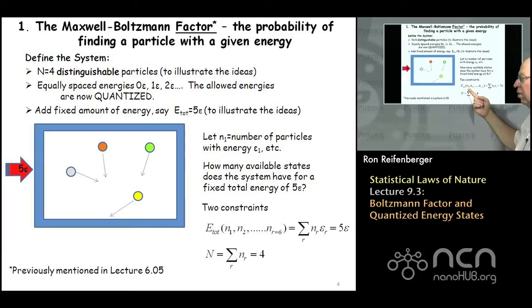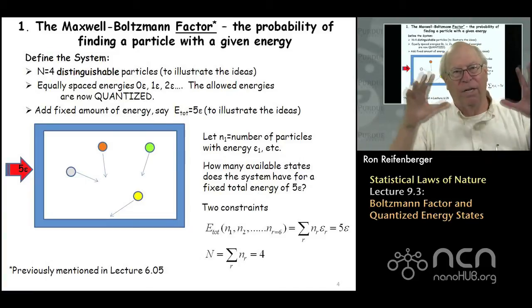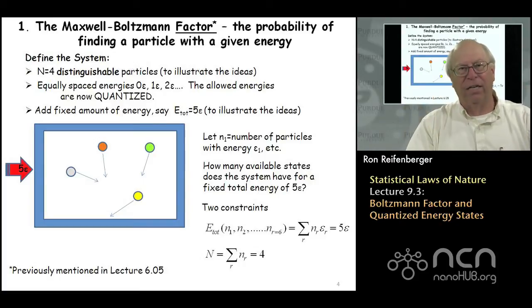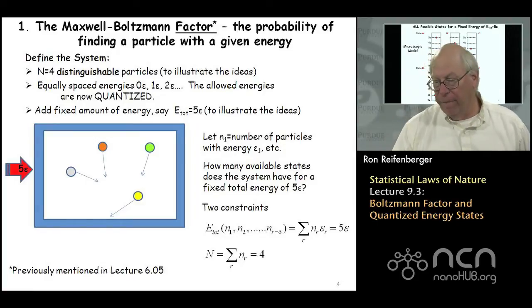The first is that the total energy of the system has got to be equal to 5 epsilon, which means that the number of particles in state r times the energy of that state epsilon r, when summed over the states, has to be 5 epsilon. The other constraint is that the total number of particles is equal to 4. It's important for you to understand these restrictions up front because they provide a manageable system that we can do a calculation on in a finite amount of time.